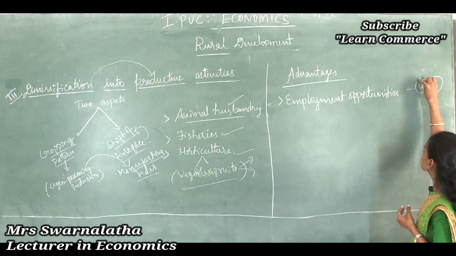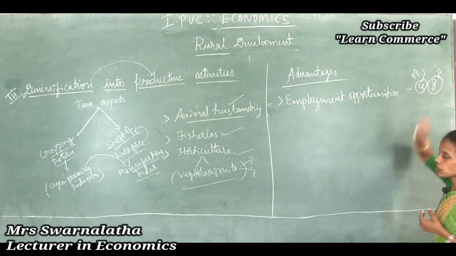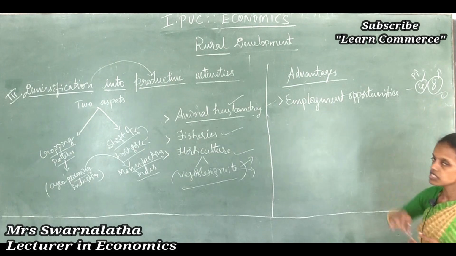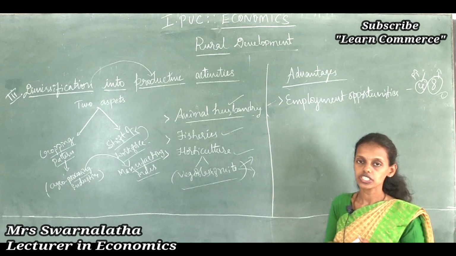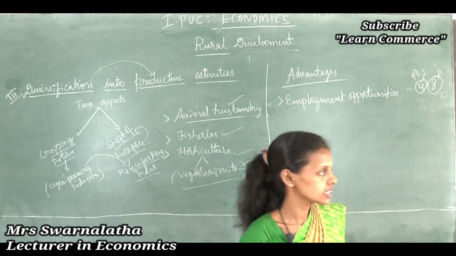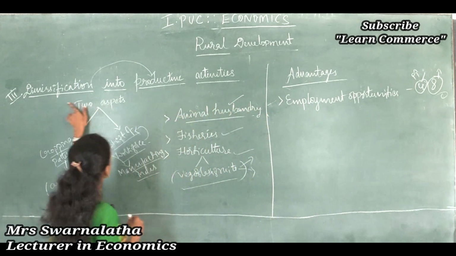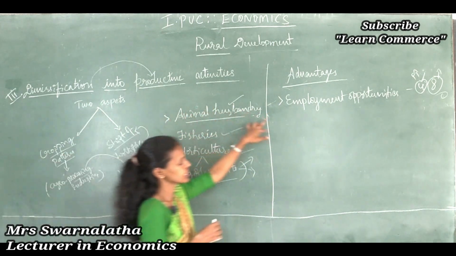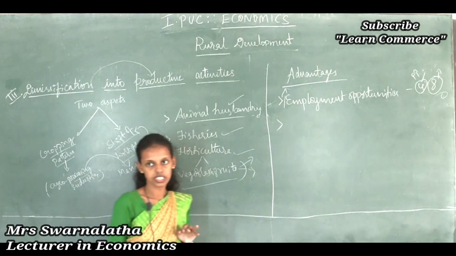So the remaining 4 people's contribution to the productivity is 0. Thus it never creates employment opportunities, it will raise unemployment and other issues. Thus the main advantage of this diversification into productive activity is increasing the employment opportunities.